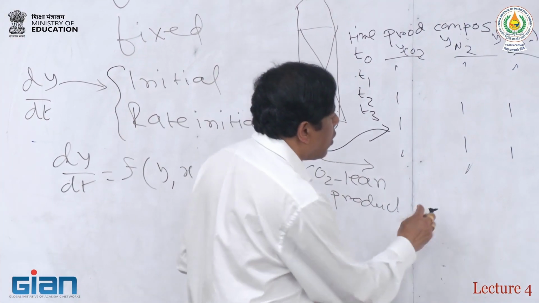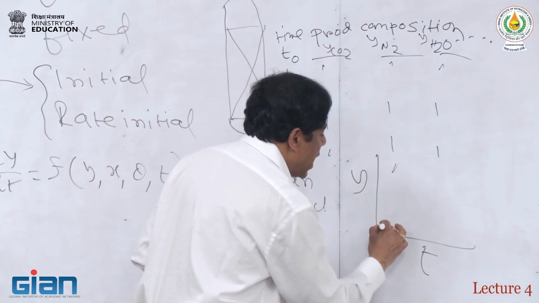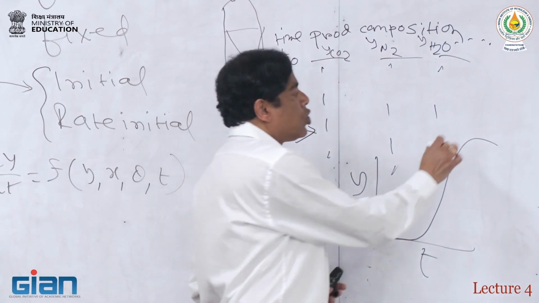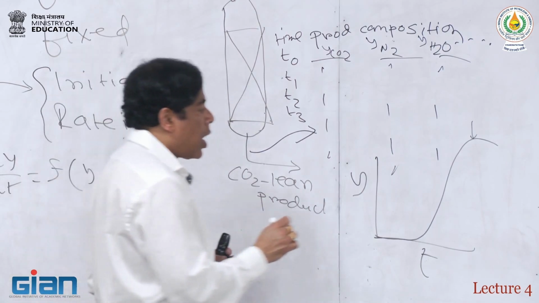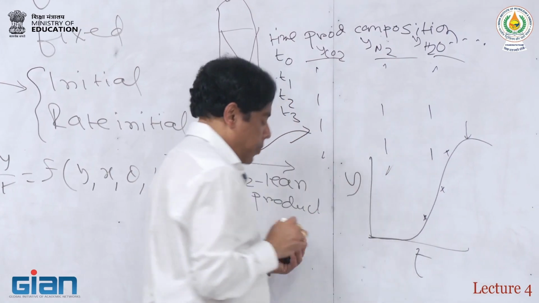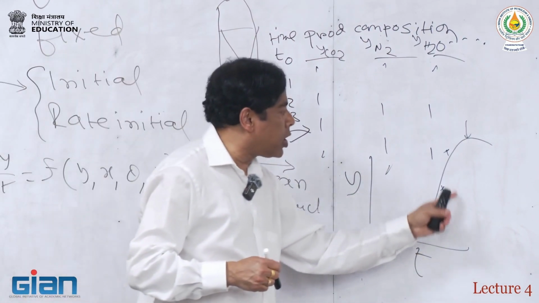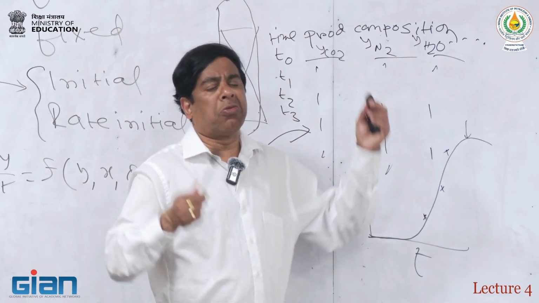When you are solving y with respect to t, say Aspen gives you a solution like that. This is what we call a breakthrough curve. Your data points are basically here, here, here. After you solve the problem, you can just plot it and say, oh, my model is working well or not working well.